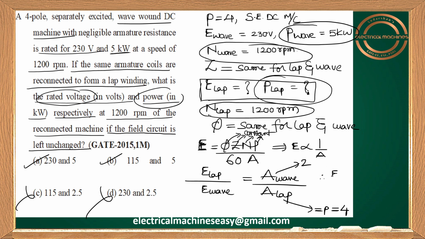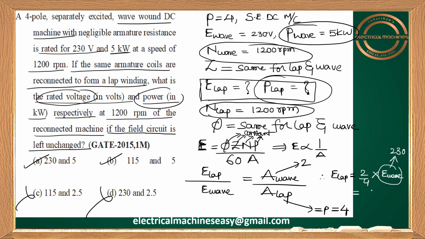So E lap is equal to, let me change the color, 2 by 4 into E wave. What's the value of E wave in the question? 230 volts. So 2 by 4 means 1 by 2.